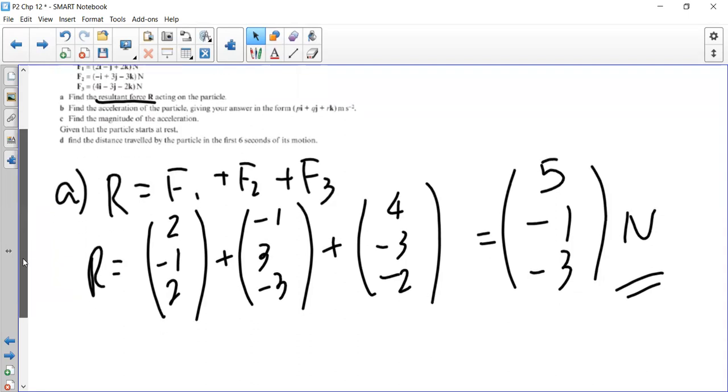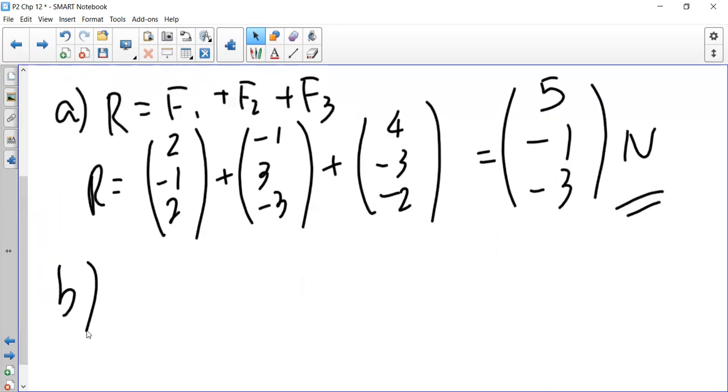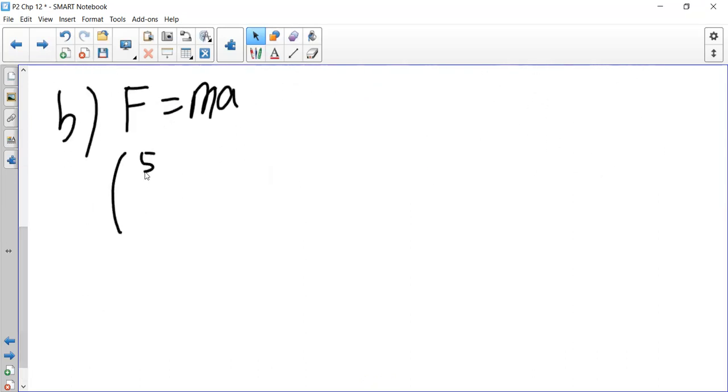Part B, find the acceleration of the particle. Give your answer in the form pi plus qj plus rk. So how do we find acceleration from force? One and the only one: F equals ma. F stands for resultant force, so we're going to use the result in part A to help us do that. F is (5, -1, -3) equals the mass, which is 0.5, times a.